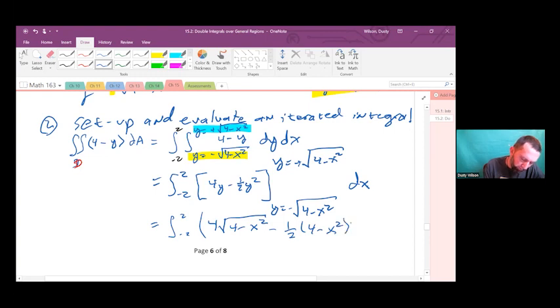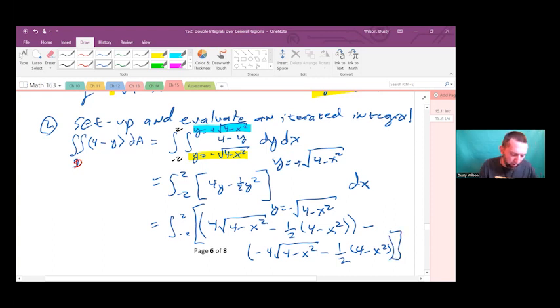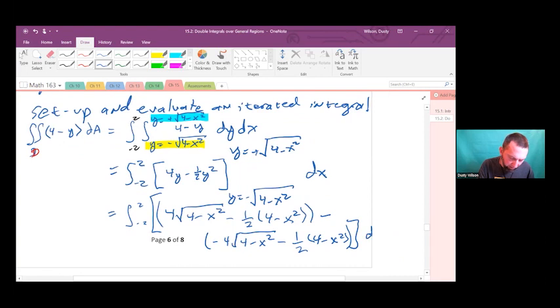And then when we put in the negative, we'll have a minus 4 root 4 minus x squared. And I'll put in the negative here, the negative will die, so it'll still be minus 1/2 of 4 minus x squared. And all this is dx.